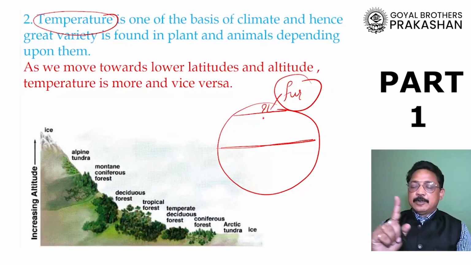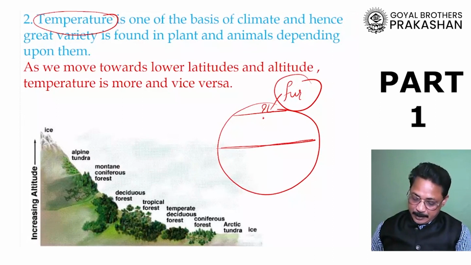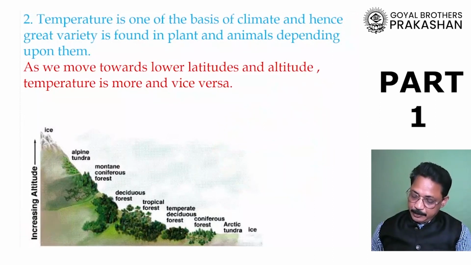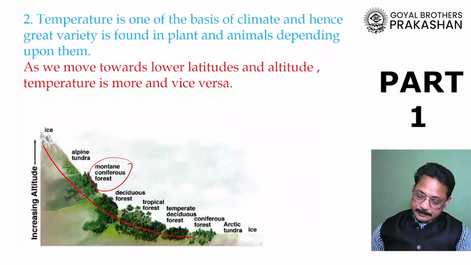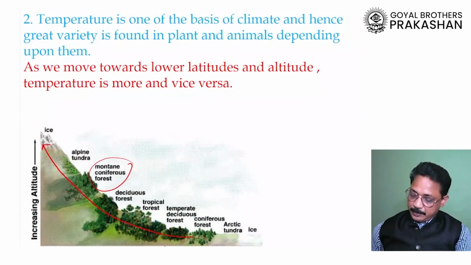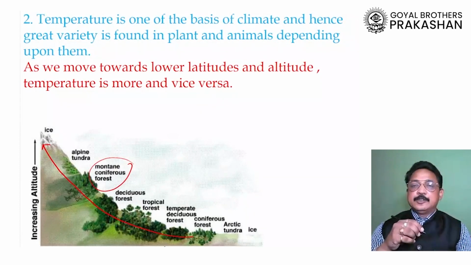The amount of light the earth receives while it rotates around itself. Also, when the altitude changes, dear student, depending upon altitude, the type of animal and the forest that grows there will also change.